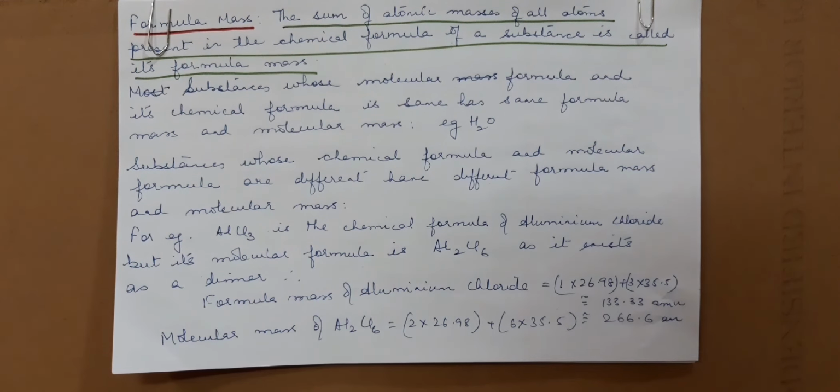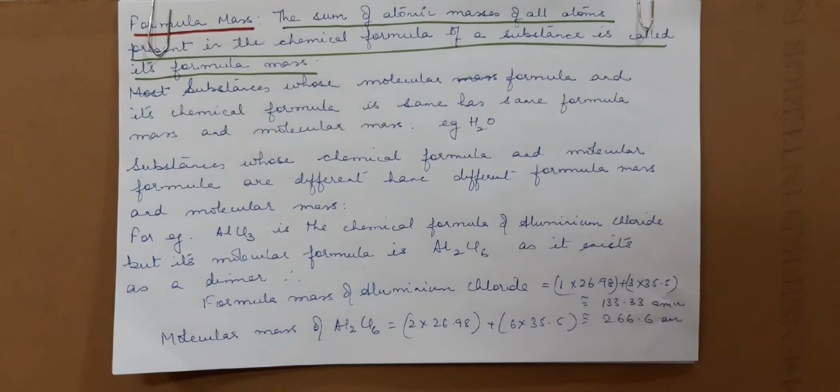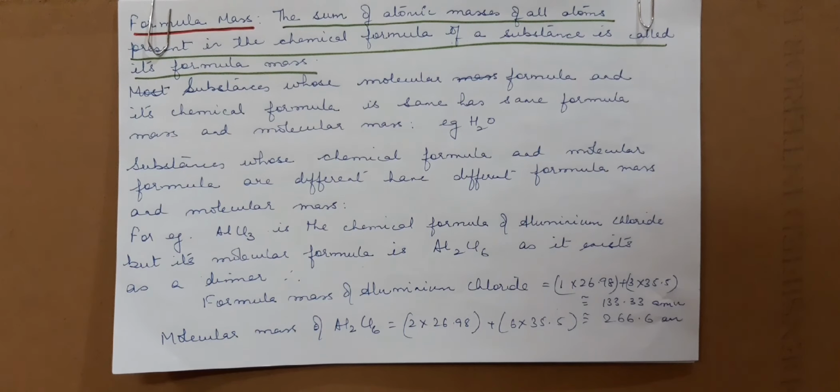So there is a difference between the molecular formula and the chemical formula. But it is not there for all molecules. Some show such characteristics, like sometimes it is in the form of a dimer or a trimer.